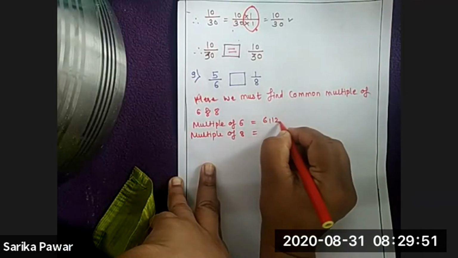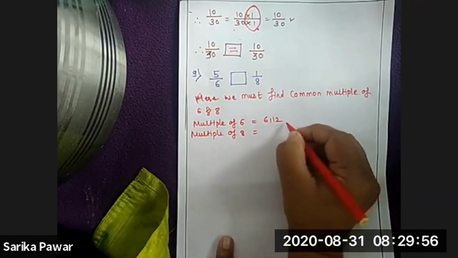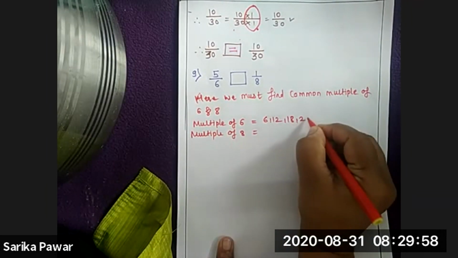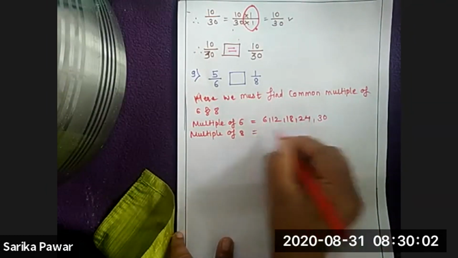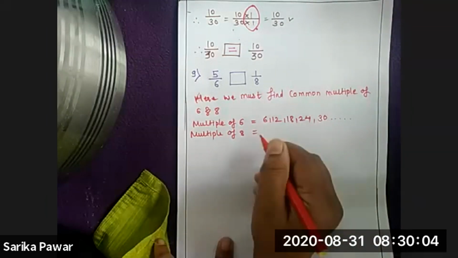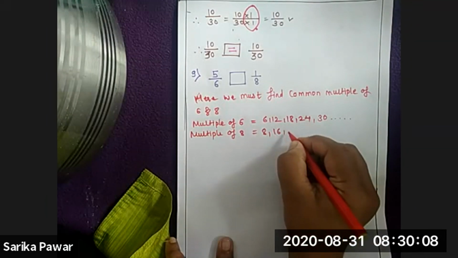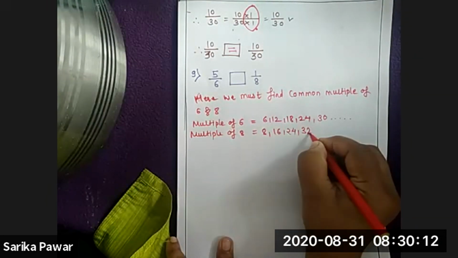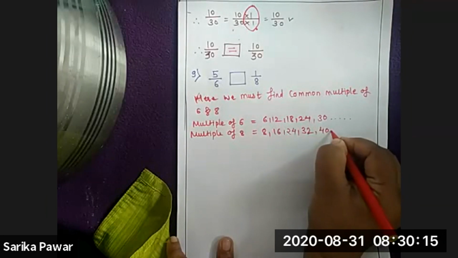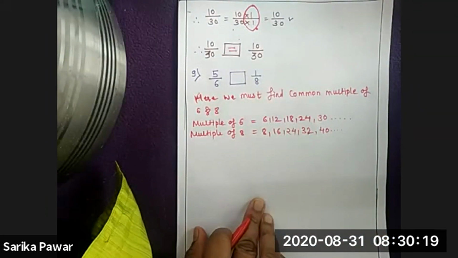Table of 6. Right. 6 ones are 6, 6 twos are 12. Right. 6 threes are 18, 6 fours are 24, 6 fives are 30. Like that way you have to write the table of 6. And 8 ones are 8, 8 twos are 16, 8 threes are 24, 8 fours are 32, 8 fives are 40, like that way. Okay. You can write full table also.